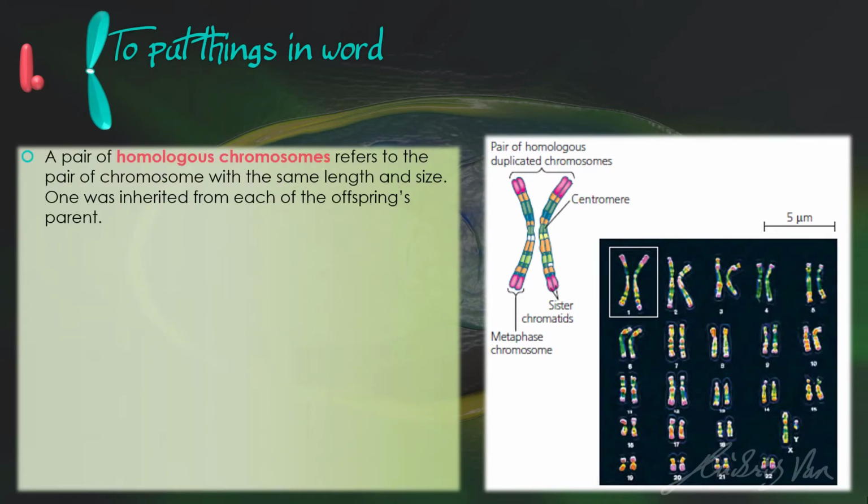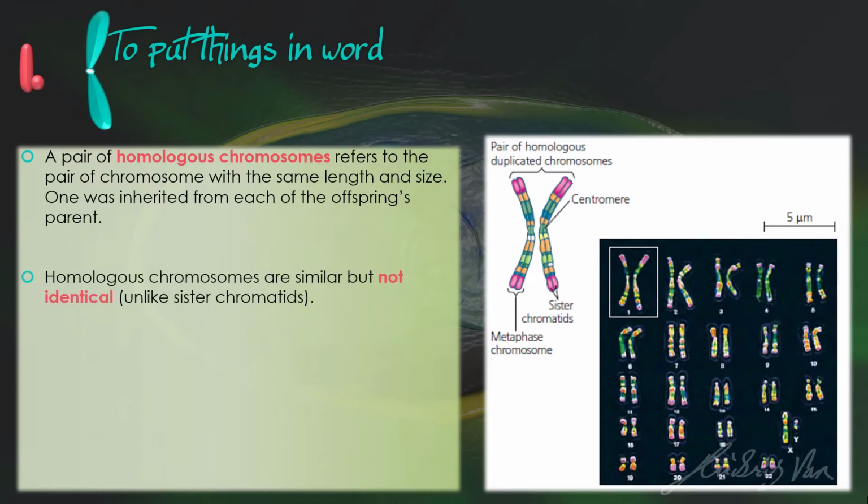So a pair of homologous chromosomes refers to the pair of chromosomes that have the same length and size. As explained in the video, one is inherited from the mother, one is inherited from the father. That means you receive one from your father and one from your mother.